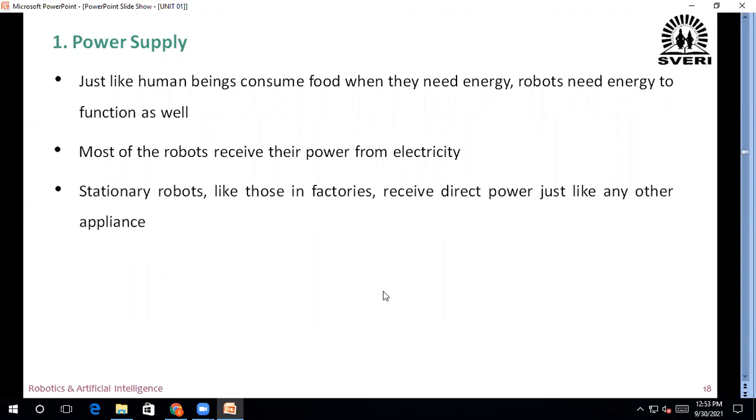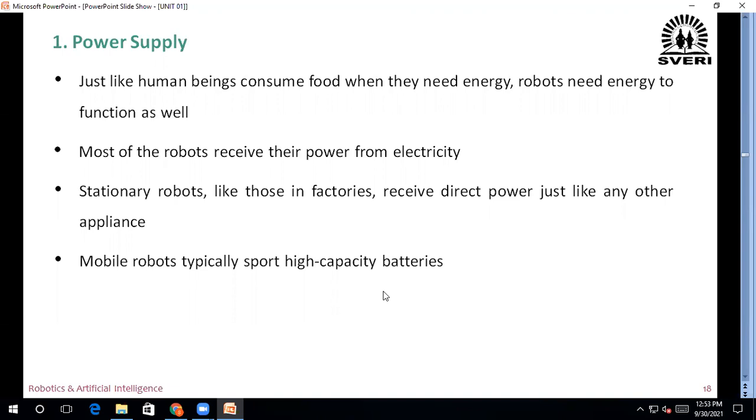Stationary robots like those in factories receive direct power just like any other appliance. Mobile robots typically sport high capacity batteries. Batteries are also used for driving the robot.